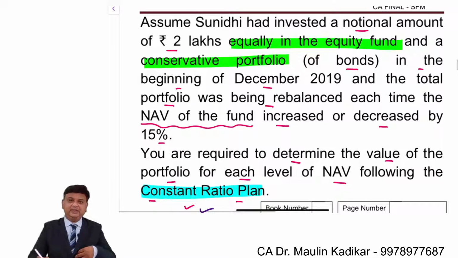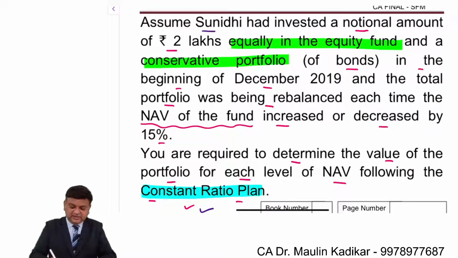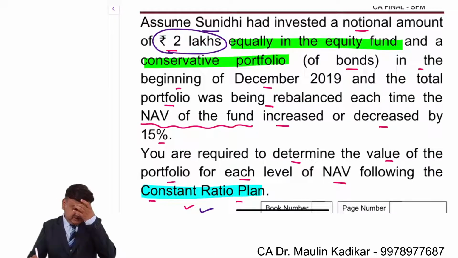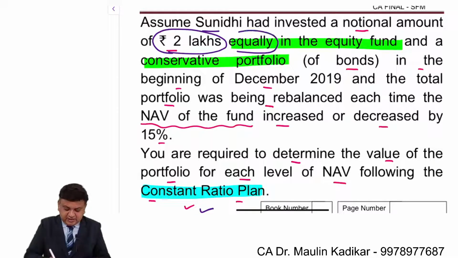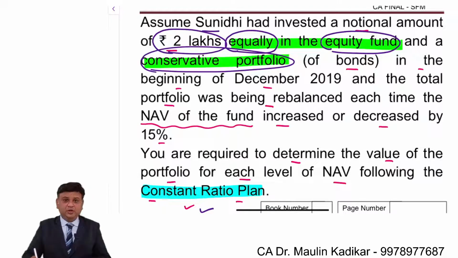The question provides the information that an investor, Miss Sunidhi, wants to invest rupees 2 lakhs, and she wants to know the result if she follows the constant ratio plan. The ratio provided is that equal investment is made in equity and in debt. So 2 lakhs divided by 2: 1 lakh rupees will be invested in equity and 1 lakh rupees in debt.